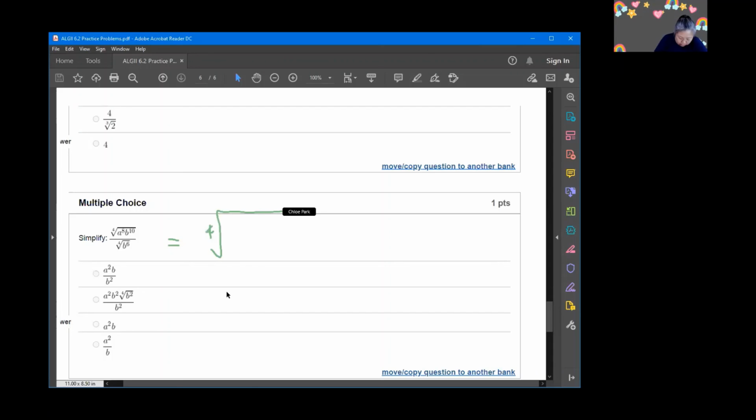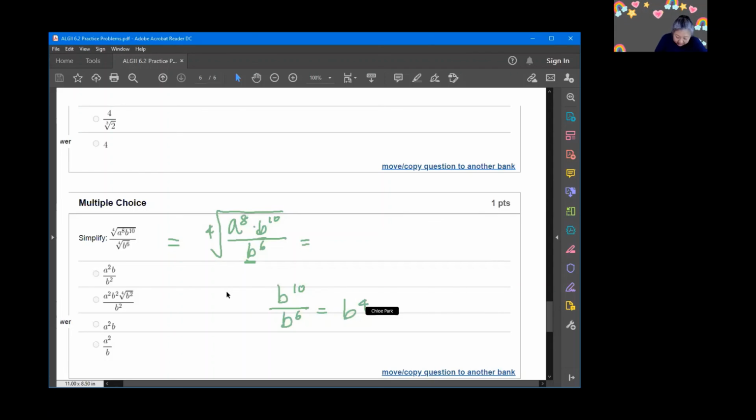So now I can rewrite it. It's a 4th root of a to the power of 8, b to the power of 10 over b to the power of 6. And so now b is in here and the b is in there. Then if you only had b to the power of 10 over b to the power of 6, this could be b to the power of 4, right?